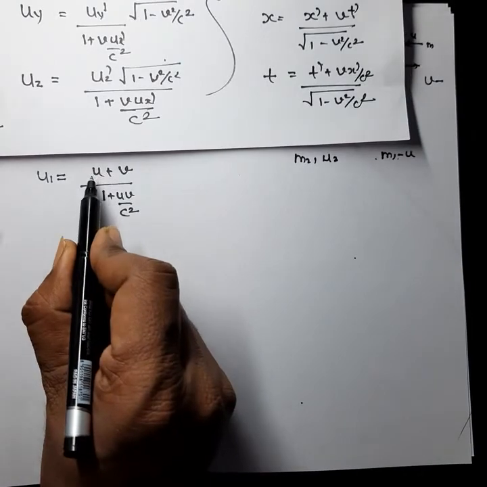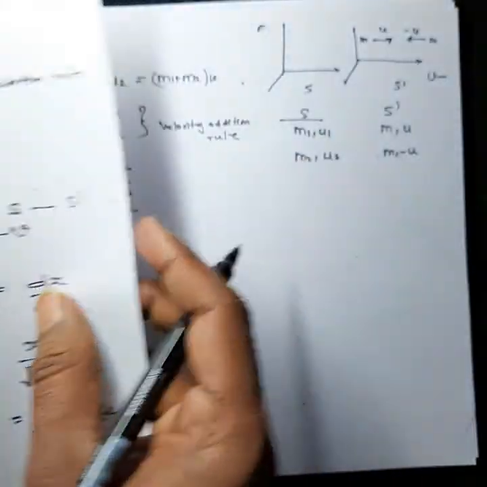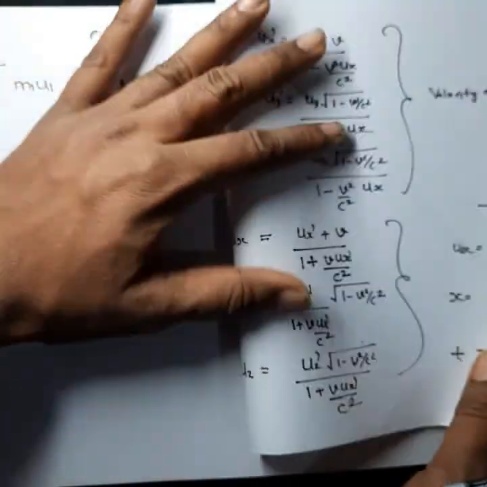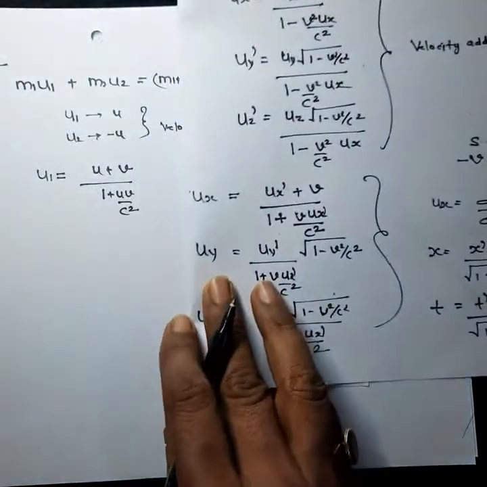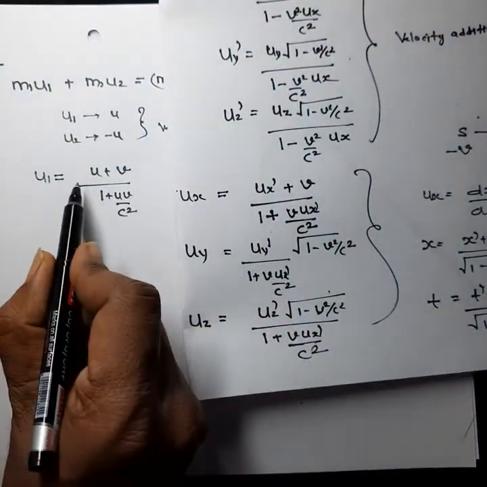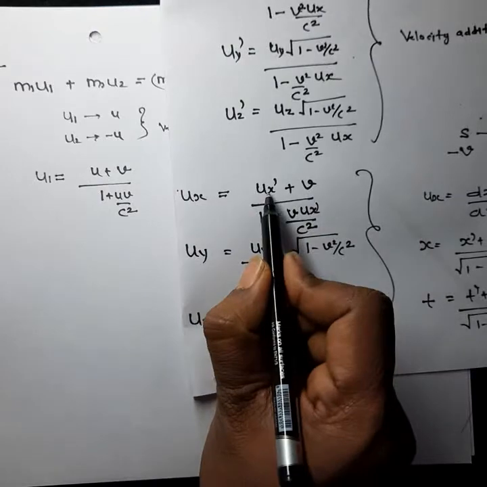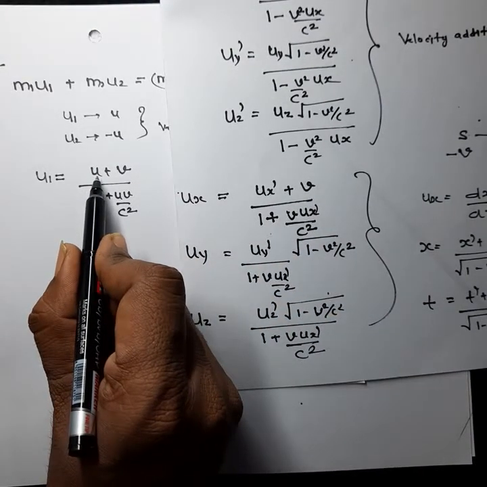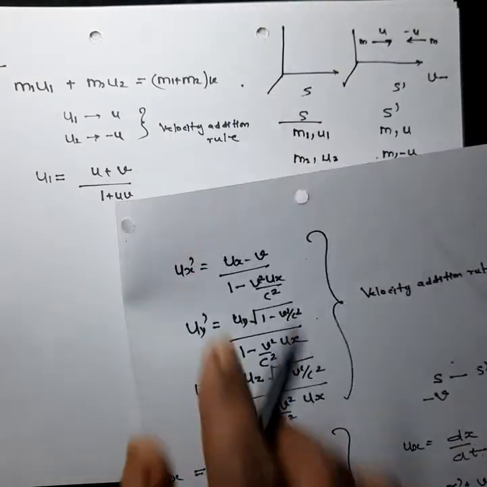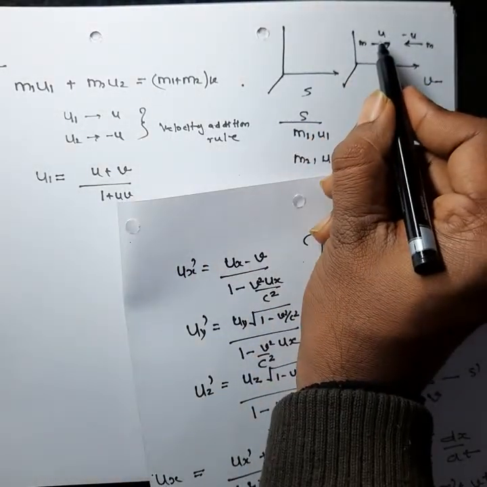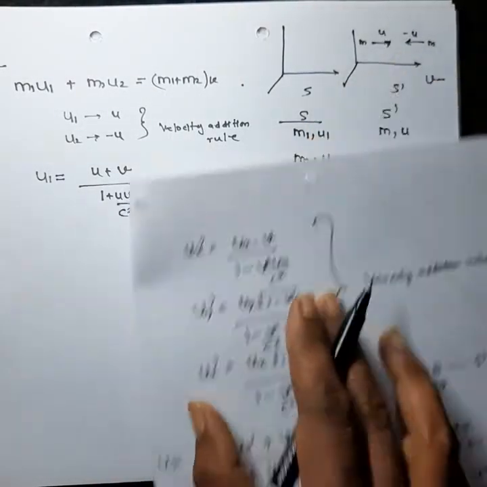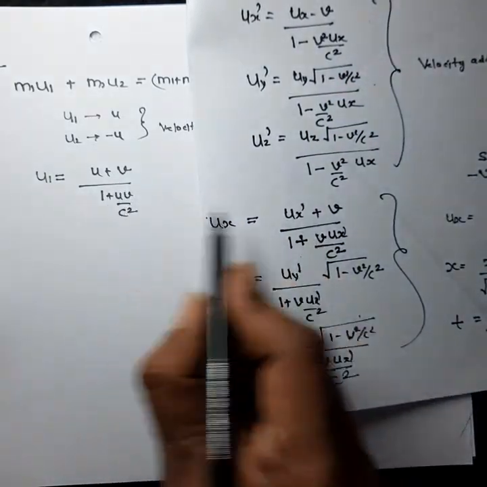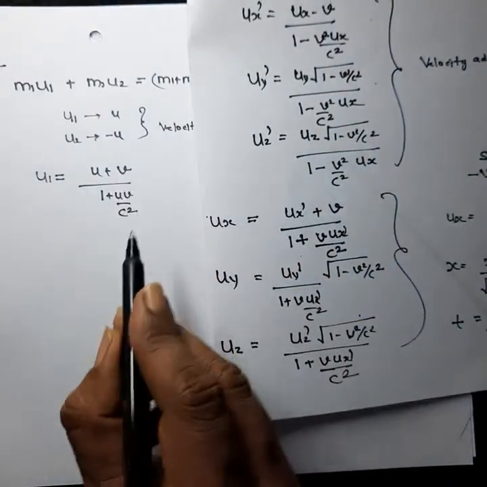In place of u dash, I have written u, where u is the velocity component in the S dash frame of reference, and v is the relative velocity of the observers.